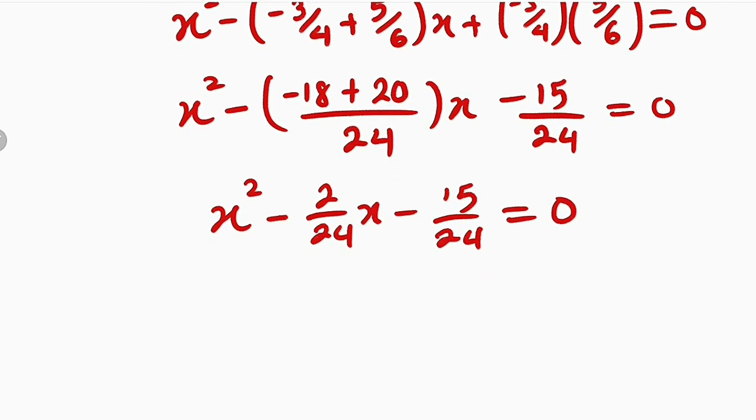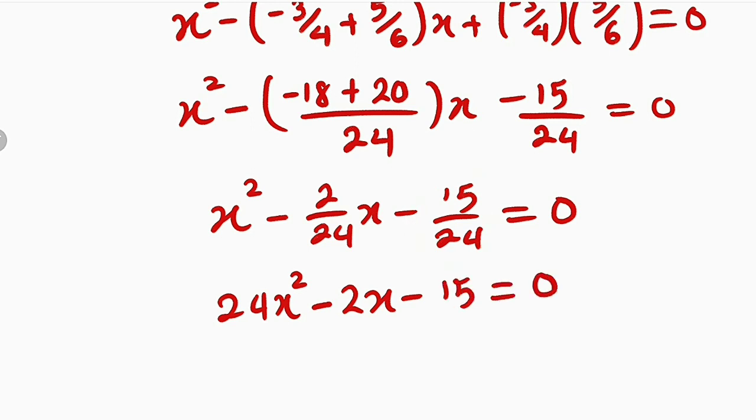Now we can multiply every single term by 24. 24 times x squared will give us 24x squared minus 24 times this will give us 2x minus this times 24 will give us 15, and this is equal to 0. Now we have our quadratic equation, 24x squared minus 2x minus 15.